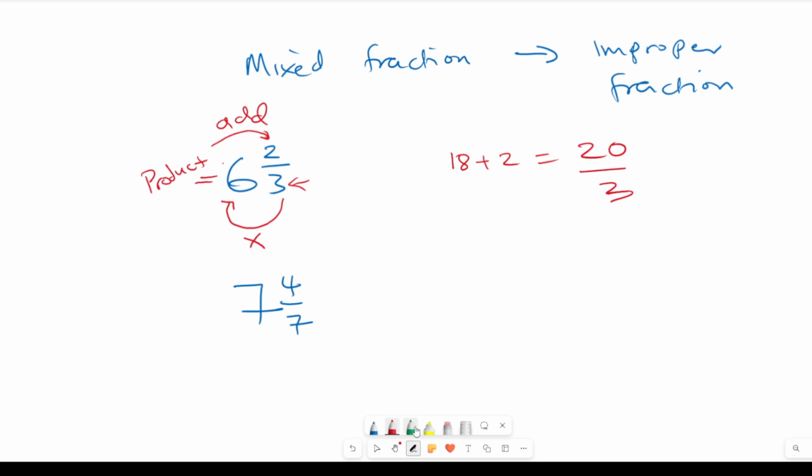So let's try again with this one. Multiply. That gives you a product. Add. And that gives you the new numerator. And then divide by the original denominator.